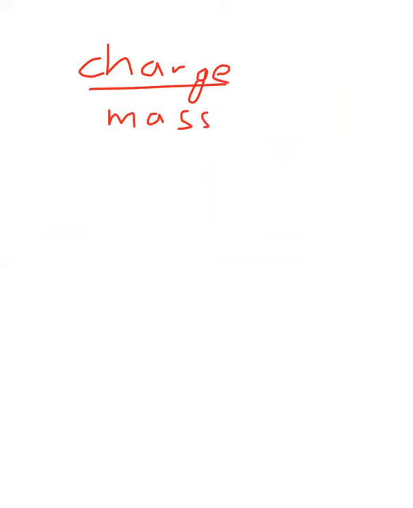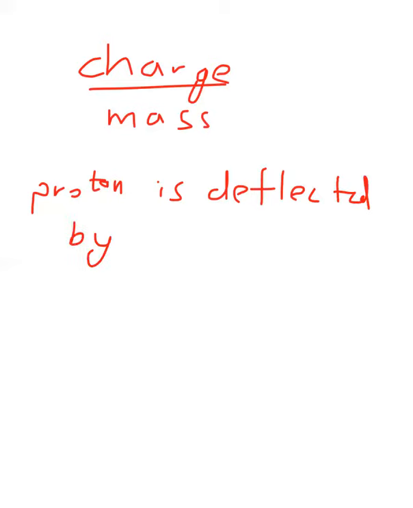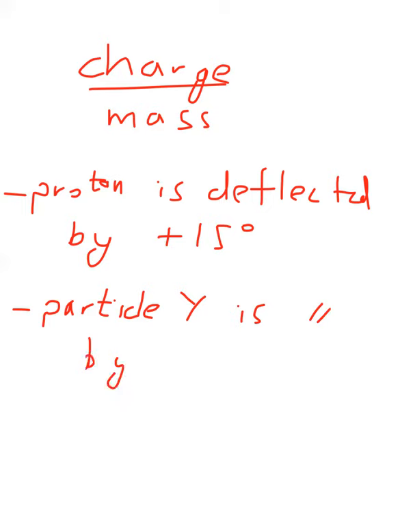So if we have a question in which we are given that a proton is deflected by plus 15 degrees and a particle Y is deflected by minus 5 degrees.